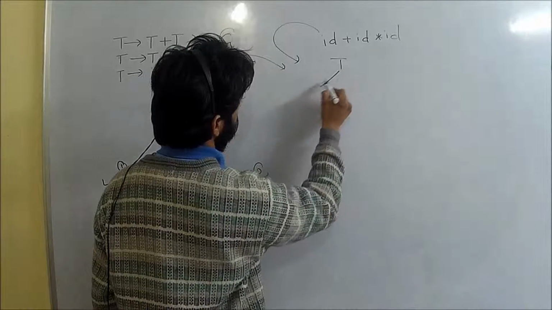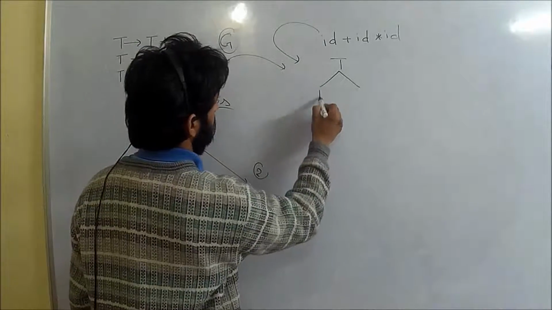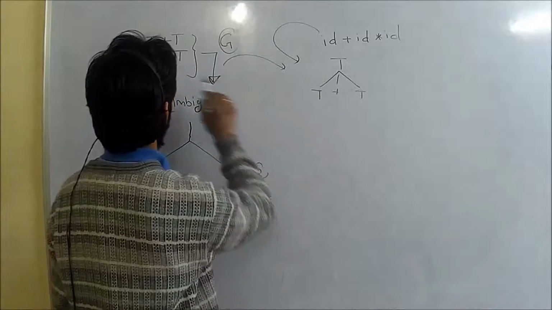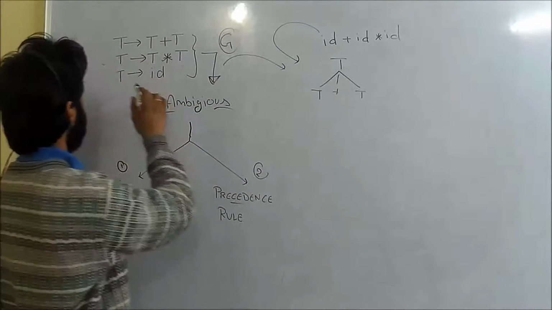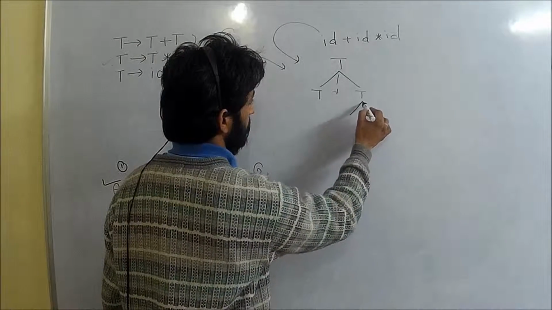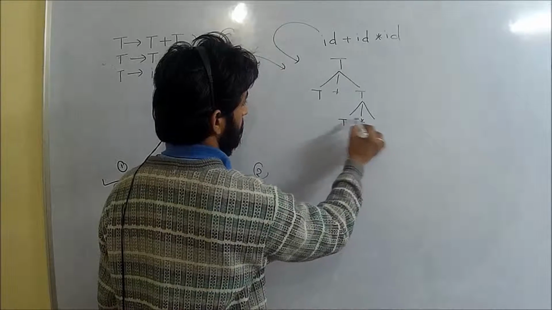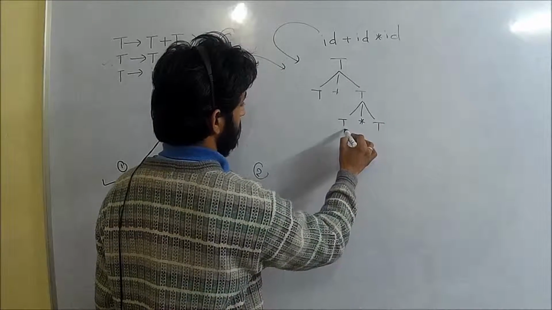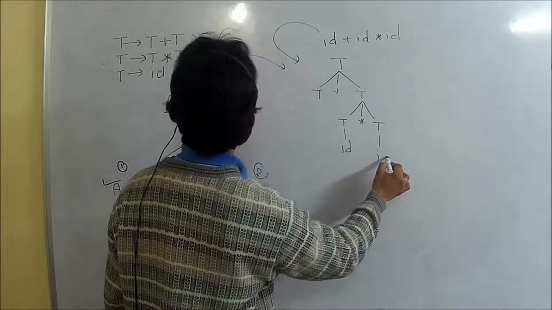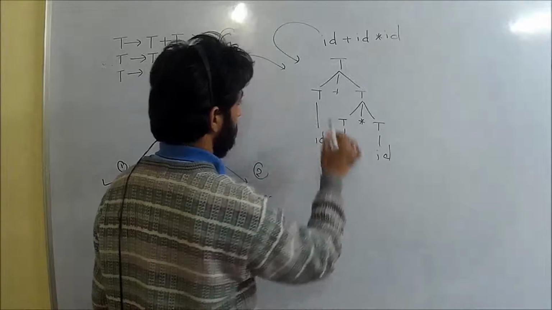T derives T plus T. Then we take the second production, in which T derives T star T, and then id, id, and id.